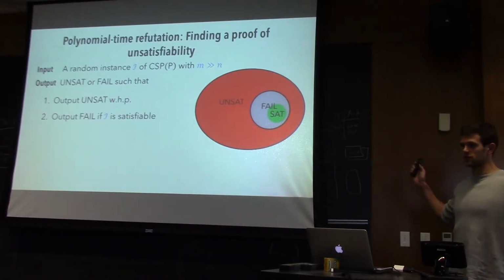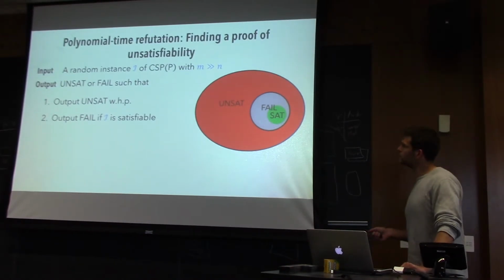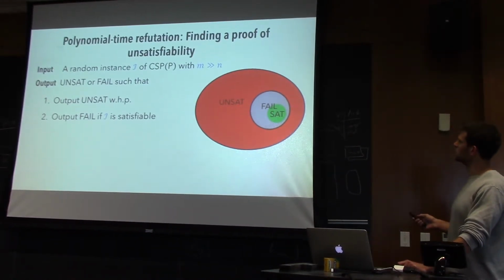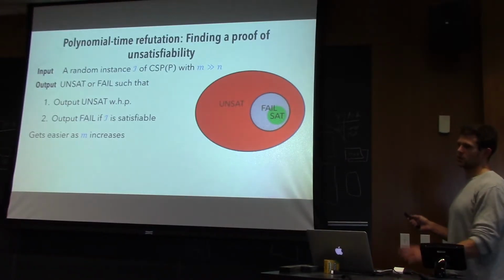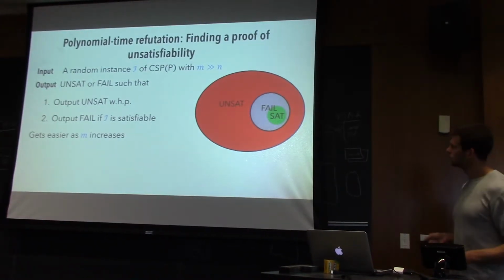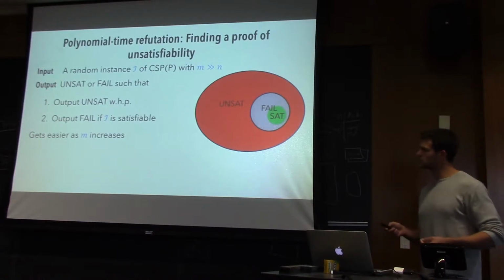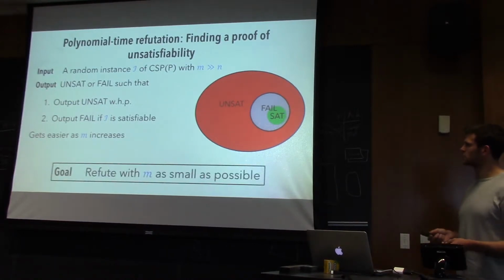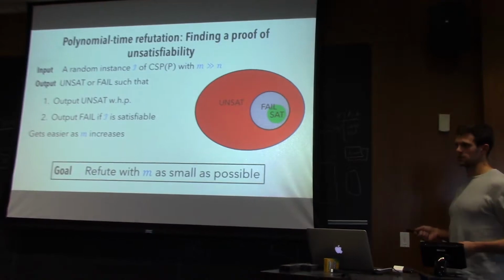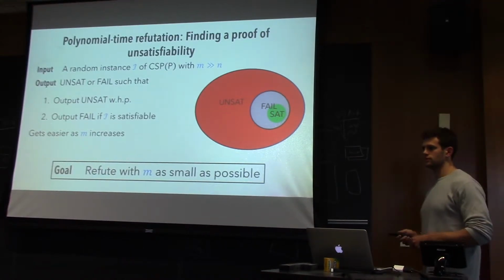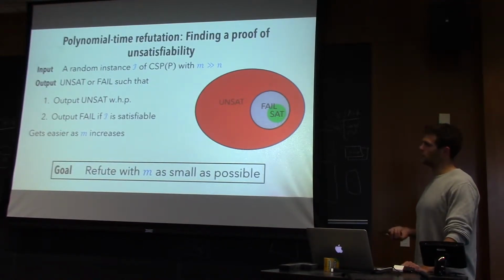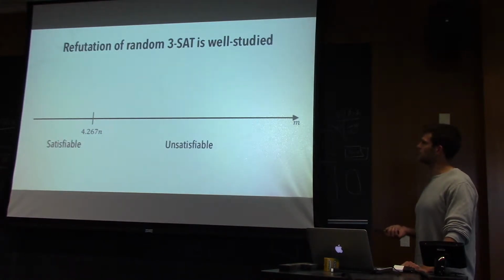We throw up our hands and say we don't actually know. And that's fine. It's possible that there are instances that are unsatisfiable in which we output fail, but as long as that's small enough, we don't care. So this gets easier as m increases. That's what I was getting at earlier, and our goal is to refute with m as small as possible.